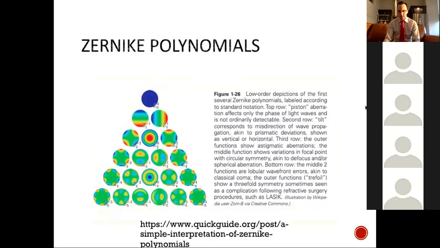There's also a page or so within the text that references what are called Zernike polynomials, right? At first glance, it looks pretty intimidating, but if we break it down, I think we can have a successful outcome. Zernike polynomials are a way to describe aberrations, okay?